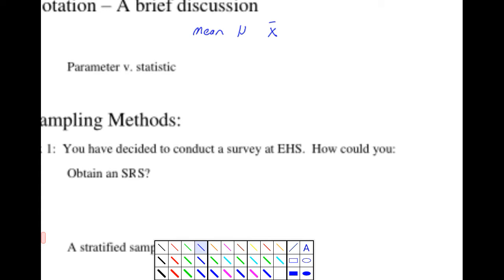For standard deviation, generally we're going to use sigma for the parameter and s for the statistic. Okay, so we start to see some trends. There are some other ones we'll get as the year goes on, but those are the ones we've worked with so far.